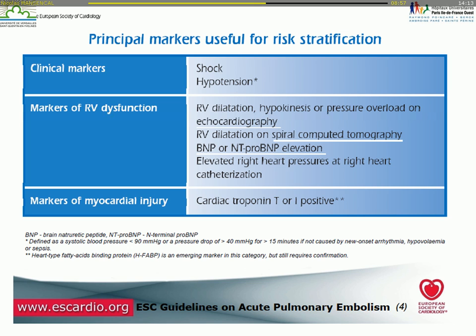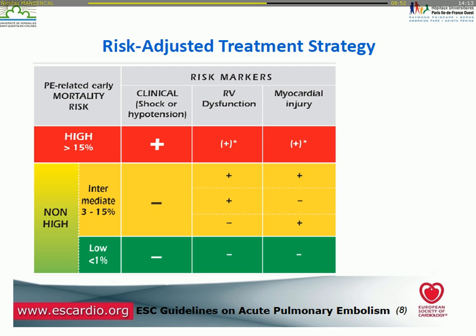And it's very important to perform this classification because now we have also two groups of patients. Massive is finished, but we have a high-risk pulmonary embolism, defined by a clinical definition, shock or hypotension, and a non-high-risk PE, and we have an intermediate group of patients of PE with no shock, no hypotension, but right ventricular dysfunction and/or a myocardial injury.